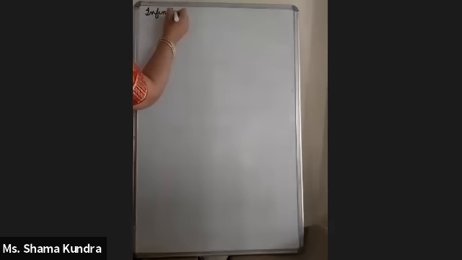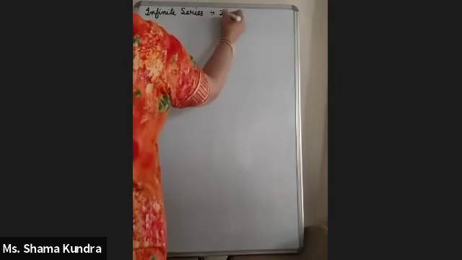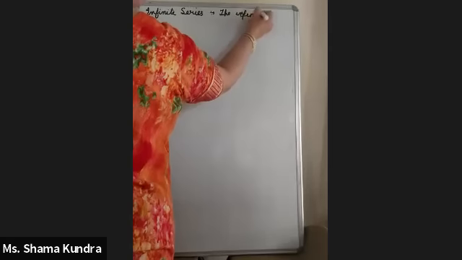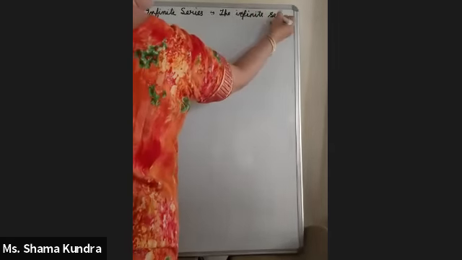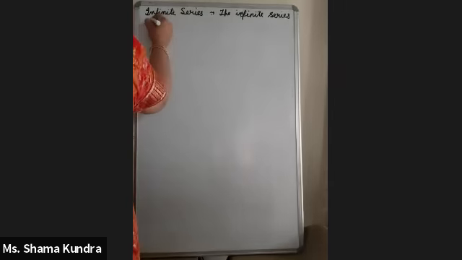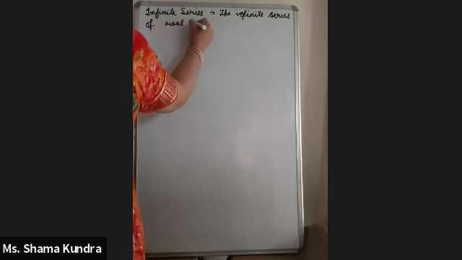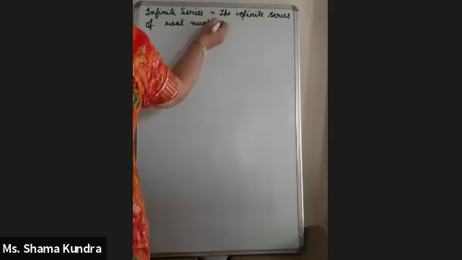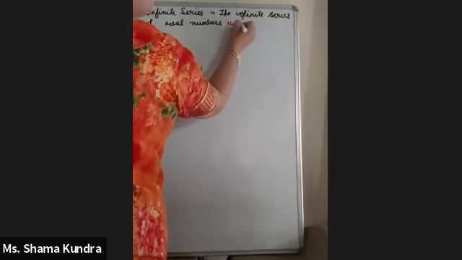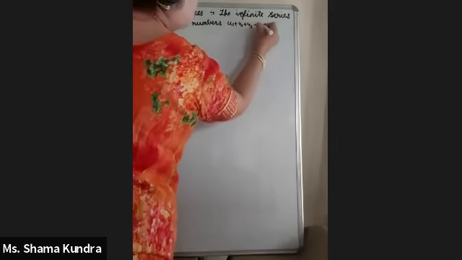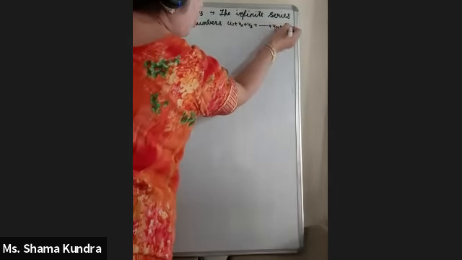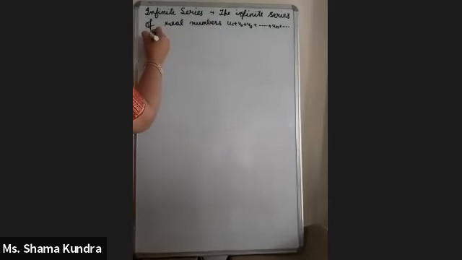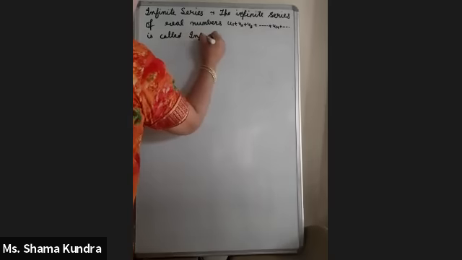The infinite series of real numbers u1 plus u2 plus u3 plus so on un plus so on till infinity is called an infinite series.